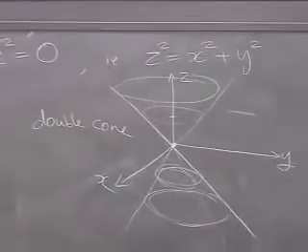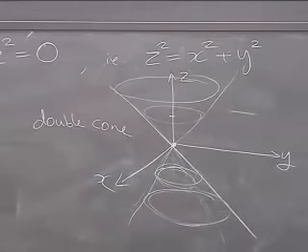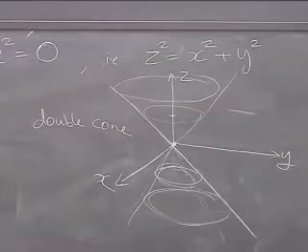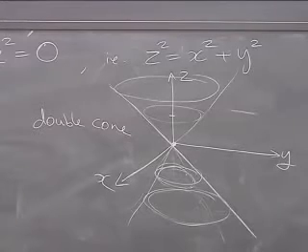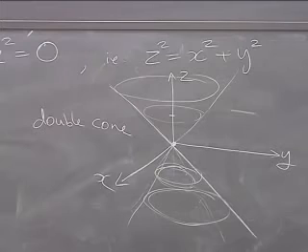Again, what if you have, say, 4x squared plus y squared minus z squared? Well, that would just shrink the x by 2. So the cone, instead of having circles, would be ellipses. Since I don't have a lot of time, I'm not going to spend much time on this. I just want you to understand that having coefficients out front, all that does is stretch different axes.